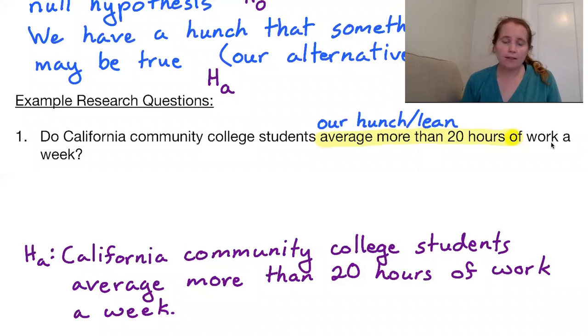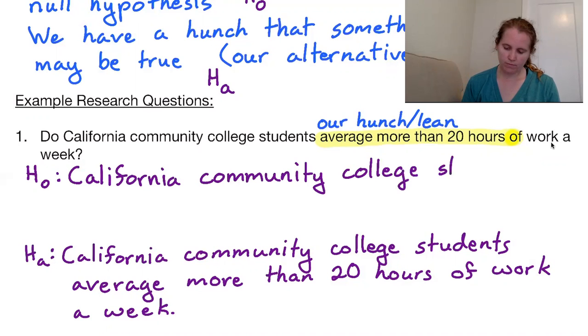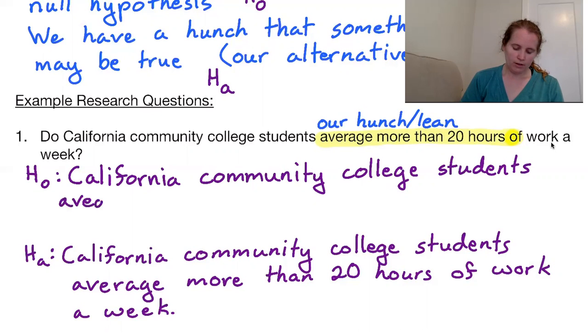Our null hypothesis is almost the same as the alternative hypothesis, but we take out the lean and make it an equality instead. So for our null hypothesis, we will have the same statement, California community college students average, but now instead of more than, we will just do the average, precisely 20 hours of work a week.